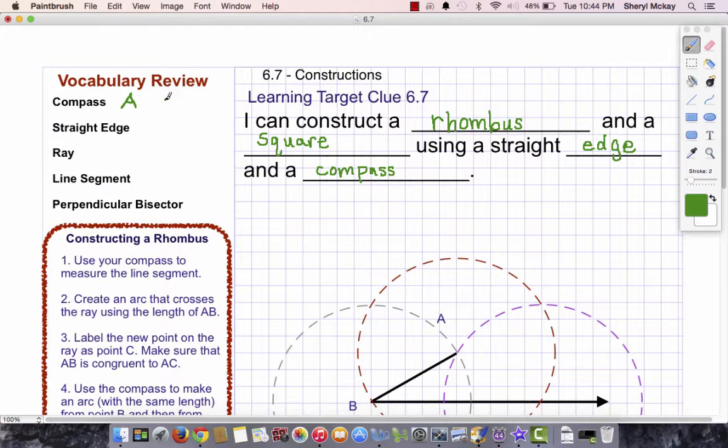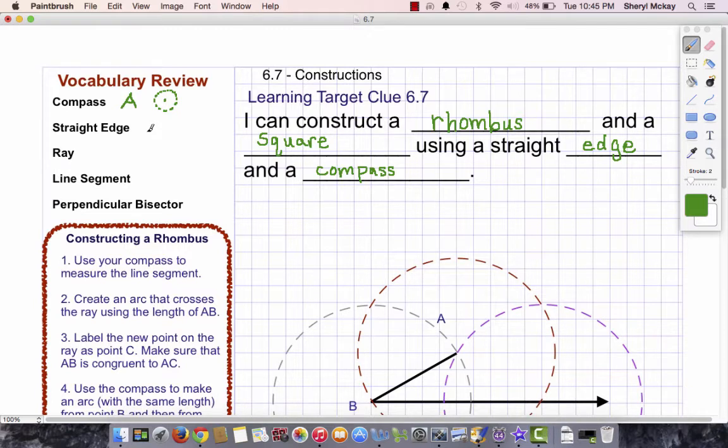The pin holds it down, sticks into the paper. And then your pencil, you spread out the compass, you spread it out as far as you need to spread it out. You put your pencil on the paper as well, and you spin the pencil around the circle, and this pin is the center of your circle. And you've basically created a circle using that compass, okay?